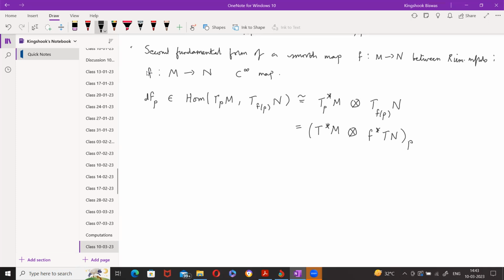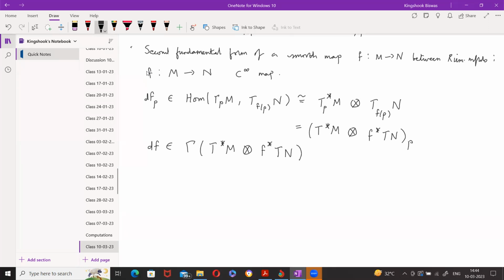Now I want to differentiate DF. So DF I can think of as a section of this bundle. This is a section of T star M, the cotangent bundle or dual of the tangent bundle, tensor the pullback of the tangent bundle of N, right? So this is what the first derivative is. I can think of it as a section of this bundle.